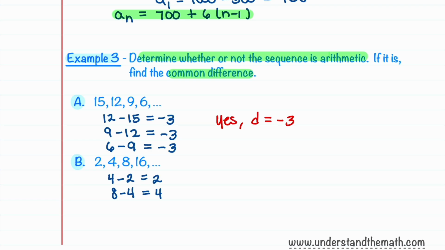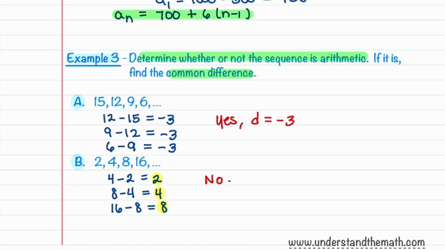So you can see right now, it's not going to be an arithmetic sequence, but let's just go ahead and go on just because I want to show you something else. 16 minus 8 is equal to 8. These three numbers are not the same, so we don't have a common difference. So we can say, no, this is not an arithmetic sequence.